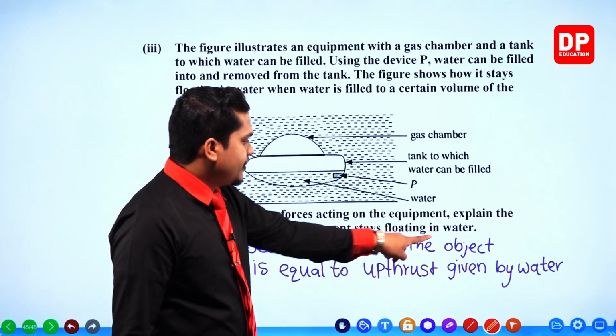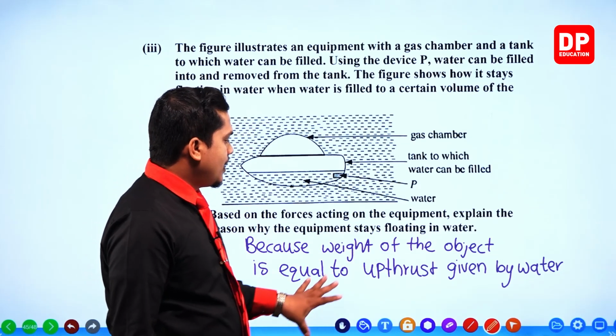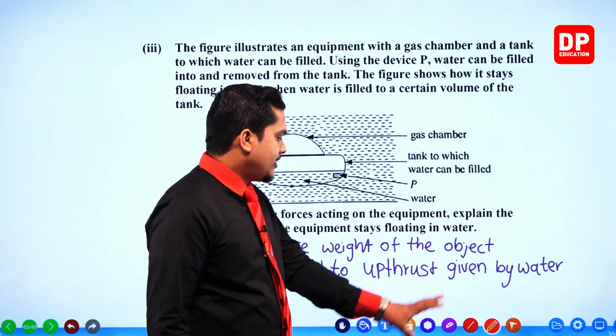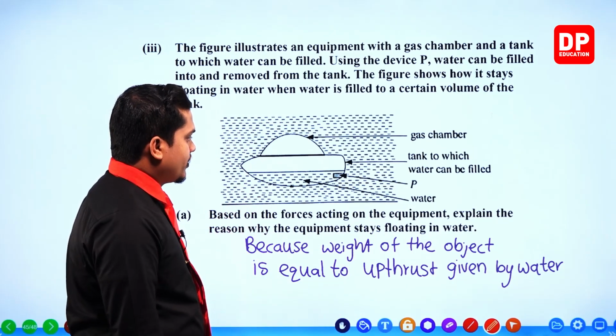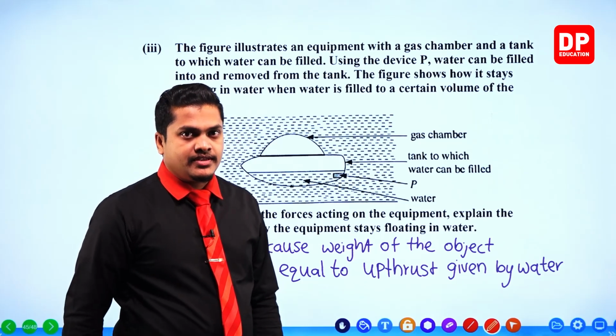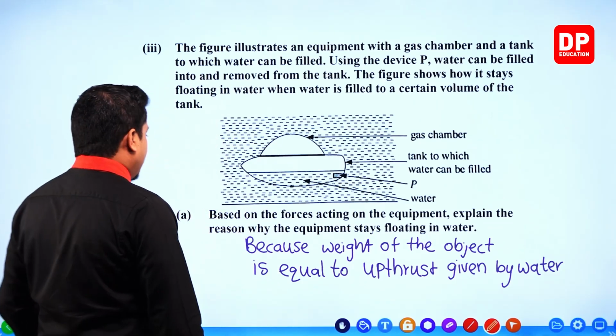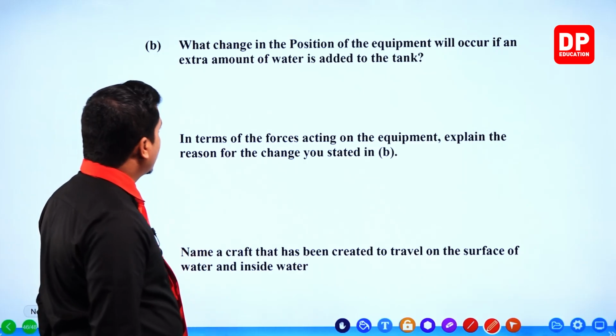Upthrust given by water is equal to weight of the object. This is the answer. Right.